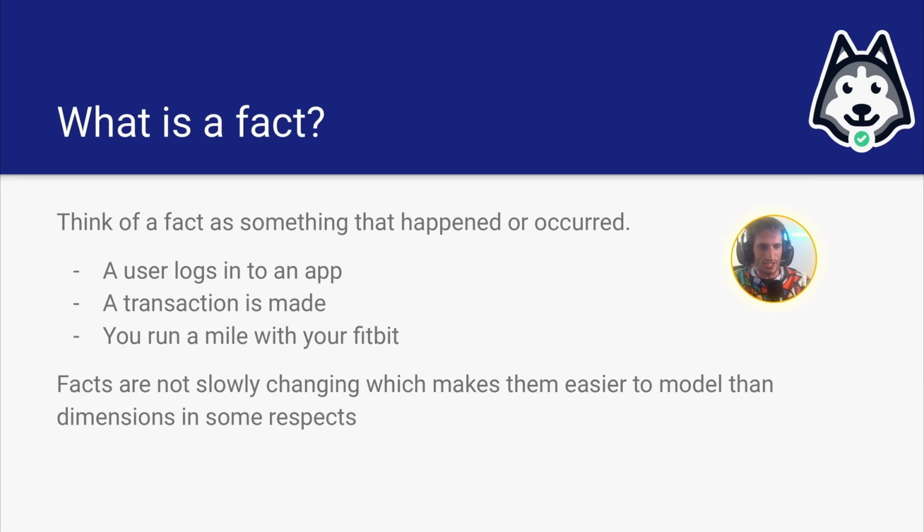Like you can't change the fact that you logged into Facebook 30 times today, and maybe you need to have better boundaries with your phone or something like that. But what I'm trying to say here is you don't have to worry about that part that was a part of dimensions. Dimensions have this slowly changing, transitive sort of property that makes them hard to deal with. But you don't have to worry about that with facts, which is a very beautiful thing.